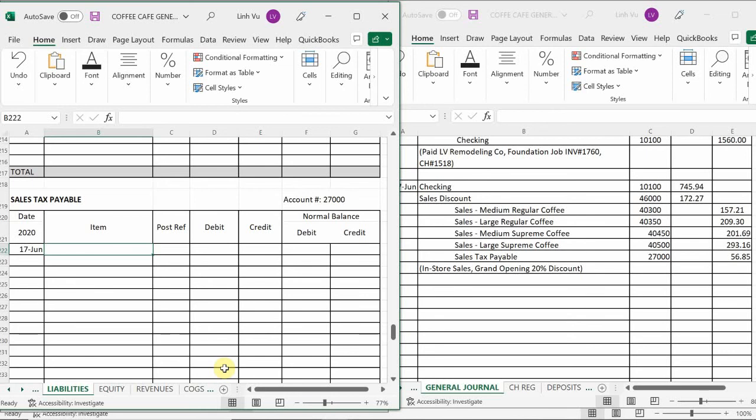Okay, notation for inside sales tax payable will be taxes from in-store sales.